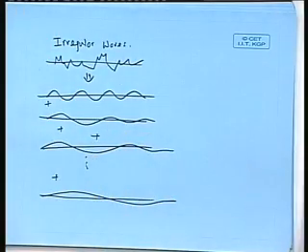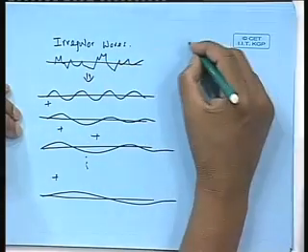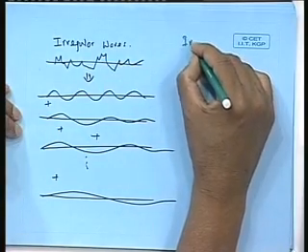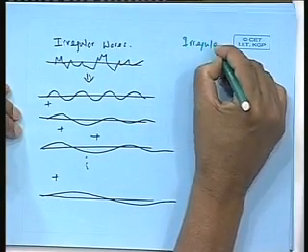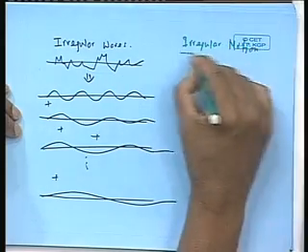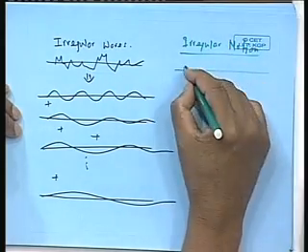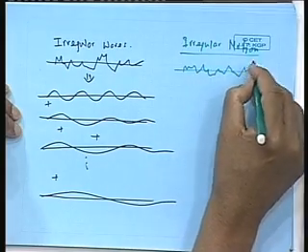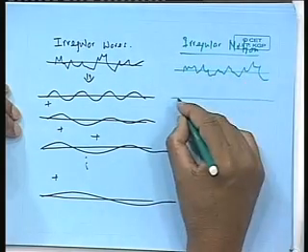Now, I have to have an output. This is my waves, this is my irregular motion, say motion. This also looks something like that, so this can also be broken down like this.